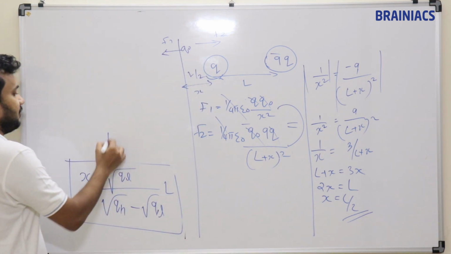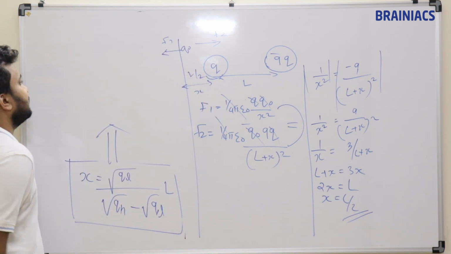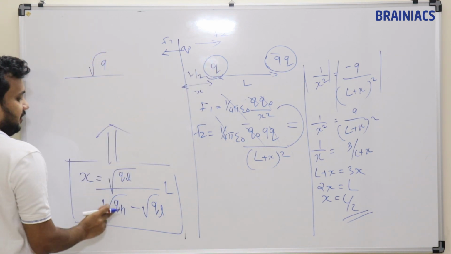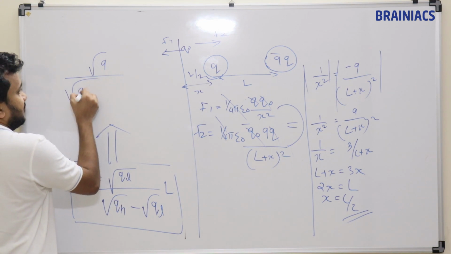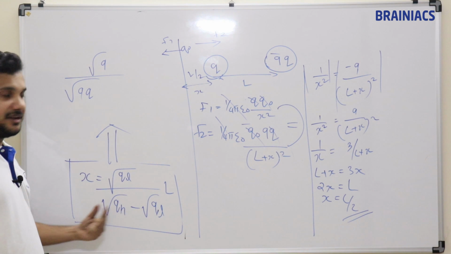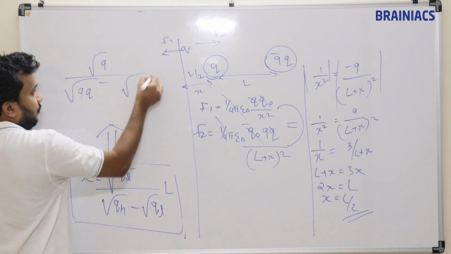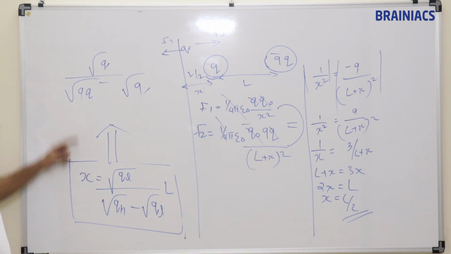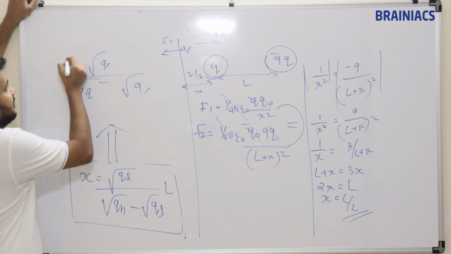Now we'll substitute in our shortcut formula and see whether we are getting the same answer. Root of what is the low charge? Q, divided by root of the high charge, 9Q. Here also you have to place it magnitude-wise, minus of root of Q. So this is also Q, this is also Q, so all the Q's will get cancelled.